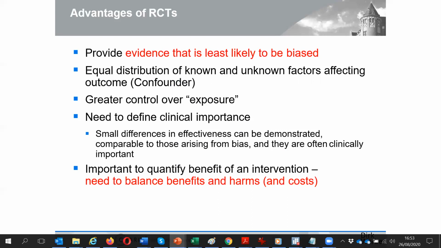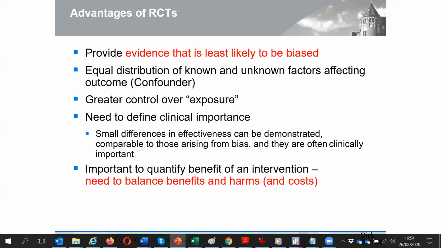Then there's the need to define clinical importance. This one is very important. Why? Because when you're doing your RCT, you might find a very small difference, and this small difference might be of clinical relevance, though it is small. So the interpretation might change.